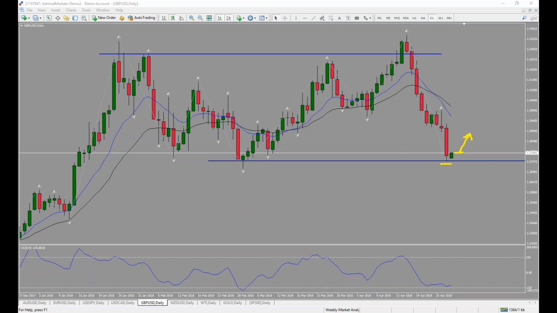Questions just popped up saying this is only the second touch. That is correct. But you've got to see this pattern as, so what's this pattern that I'm looking at?